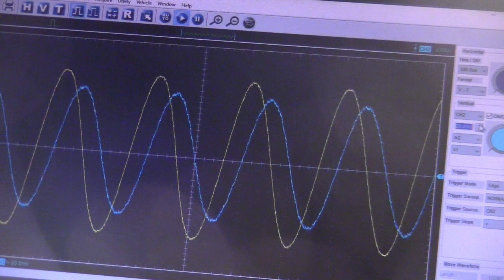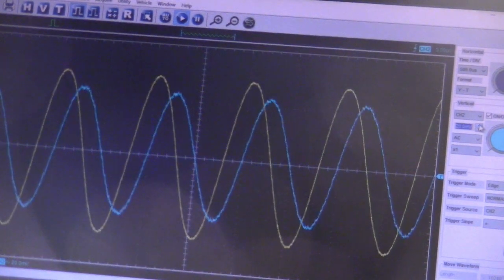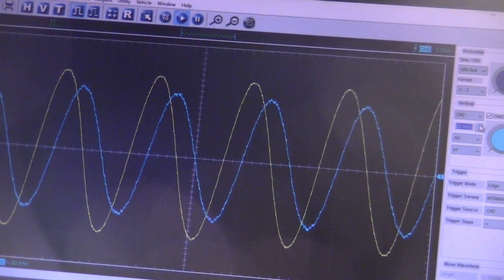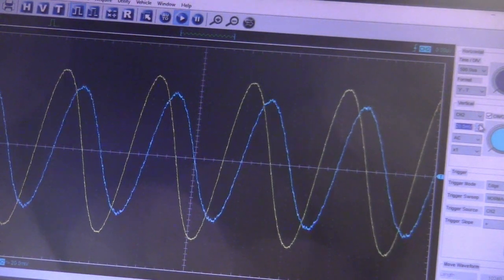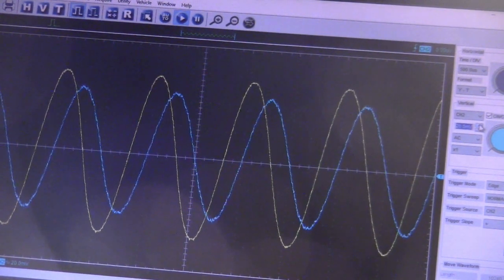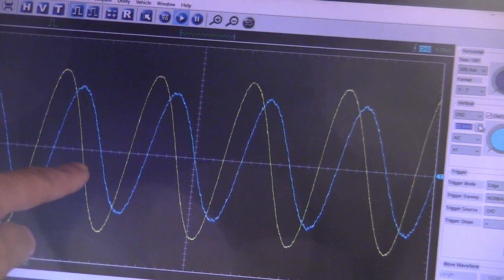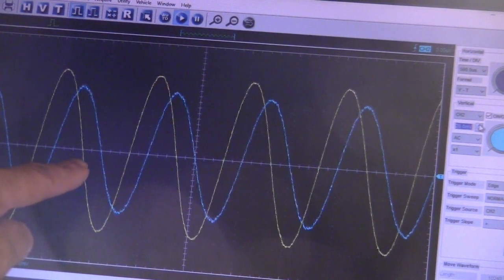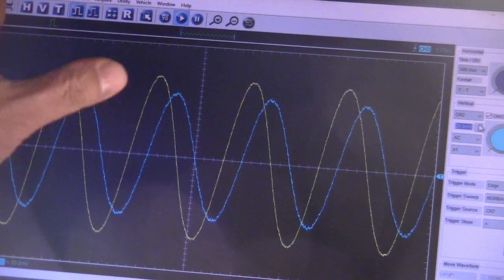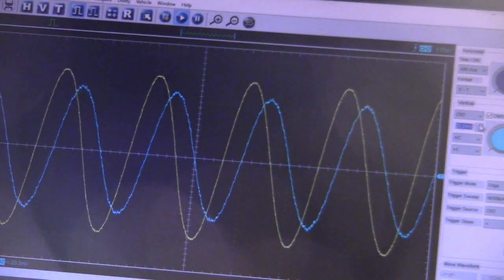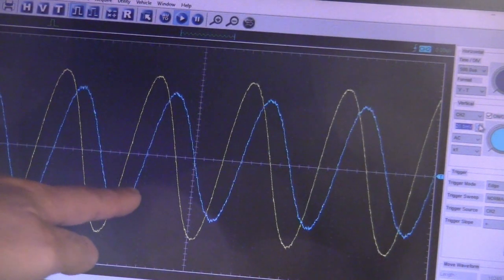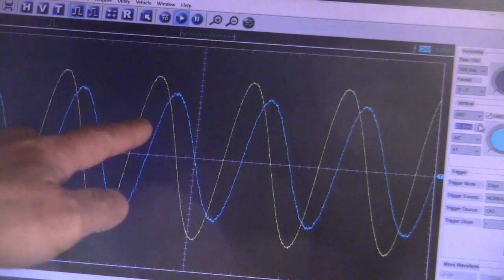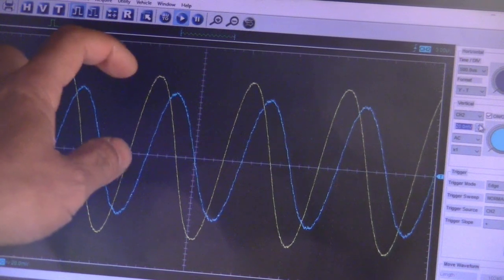We know the series circuit has the same current, but what do the yellow and the blue traces measure right now? The yellow is measuring the voltage of the input, and the blue is measuring the voltage of the capacitor.